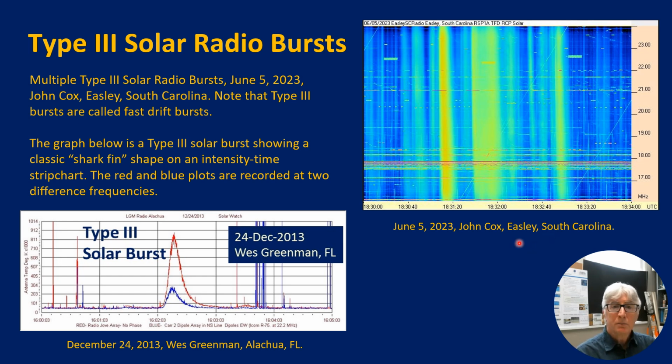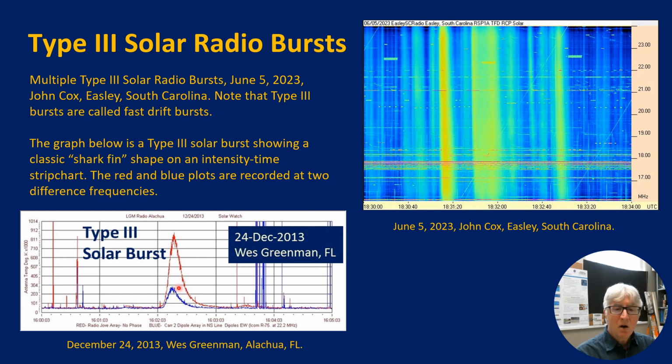This shows multiple type 3 solar radio bursts on the spectrogram in the upper right, and this is from John Cox in June 2023 from his observatory in South Carolina. Notice that the type 3 bursts are called fast radio drift bursts. They drift very rapidly in frequency.